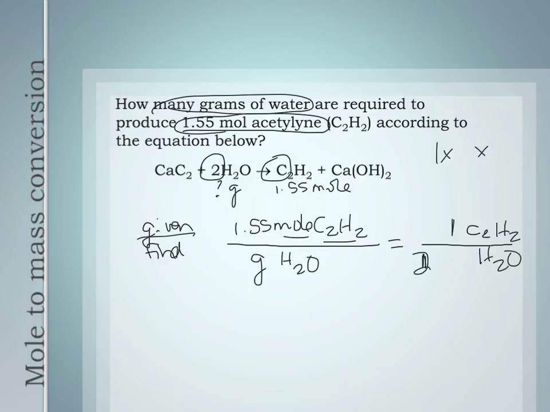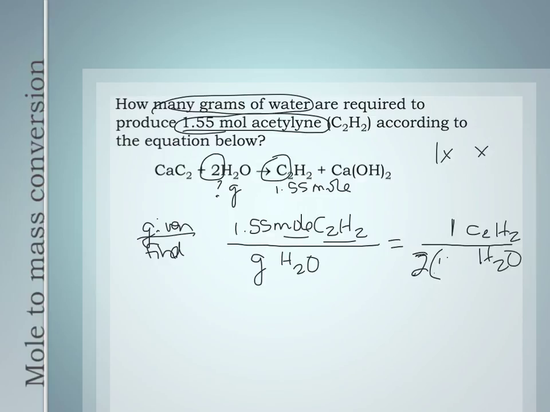So it's a 2 here times the mass of water. So we're going to use the coefficient and the mass. And you go pause this, find the molar mass of water, and we'll see if it matches mine.